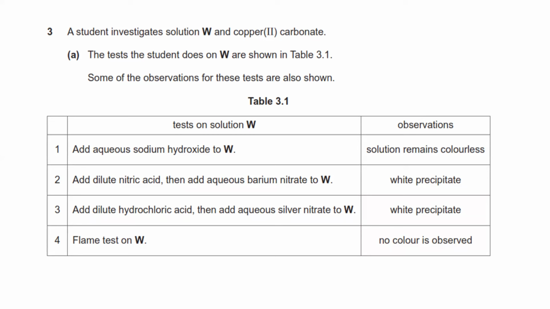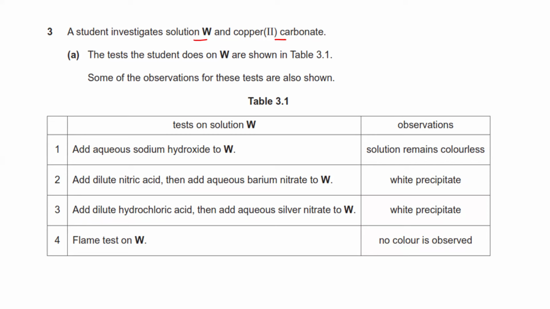Okay, so let's start. It says question 3, a student investigates solution W and copper 2 carbonate. Okay, so we have two things. We have a solution W and copper 2 carbonate. The tests the student does on W are shown in table 3.1. Some of the observations for these tests are shown. So it says add aqueous sodium hydroxide. Solution remains colorless.